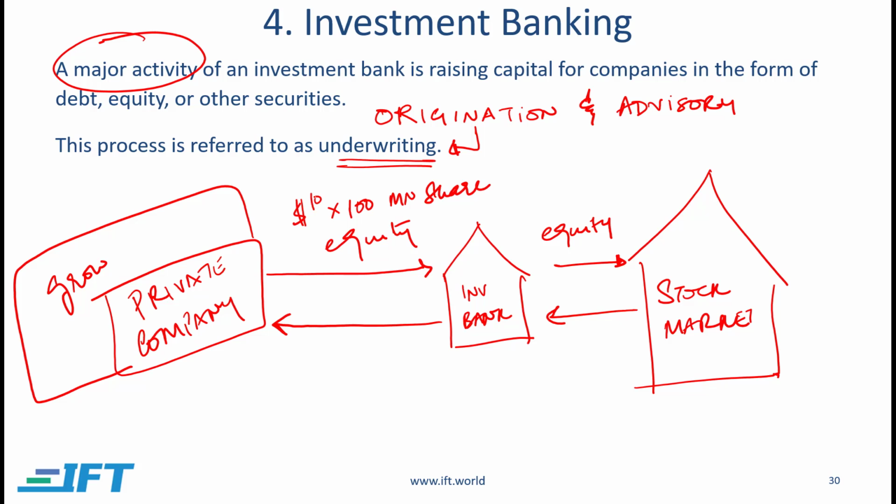Now, this can be done for shares, which is equity. It can also be done for bonds, right? So maybe this private company doesn't want to sell their shares. They don't want to share their ownership with others. So instead of selling shares, they want to sell bonds. So an investment bank can actually help a company raise money by selling bonds as well. And then there are other types of securities as well, which could be a combination, like bonds which can be convertible to stocks.